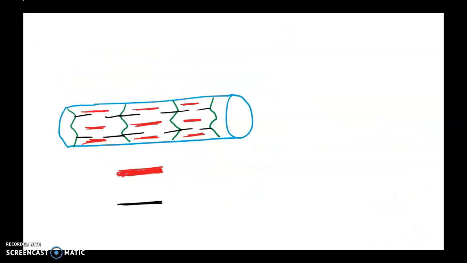So right here we are looking at a myofibril, a zoomed in version of a myofibril. And within the myofibril, do you see the black and red proteins? Yes, those are the myofilaments. So the black and red proteins together are the myofilaments.